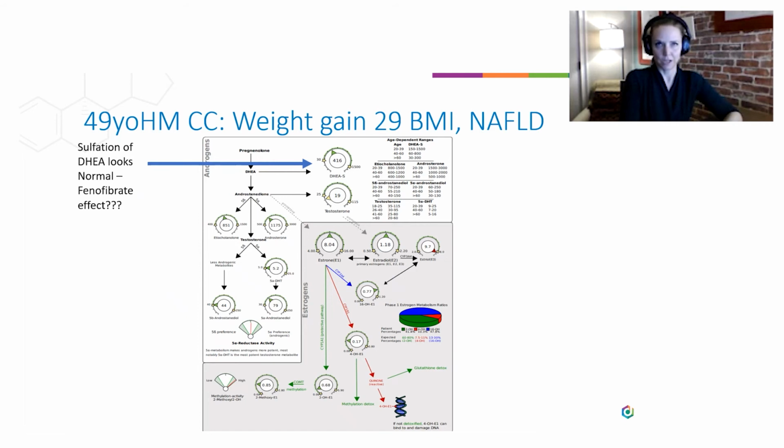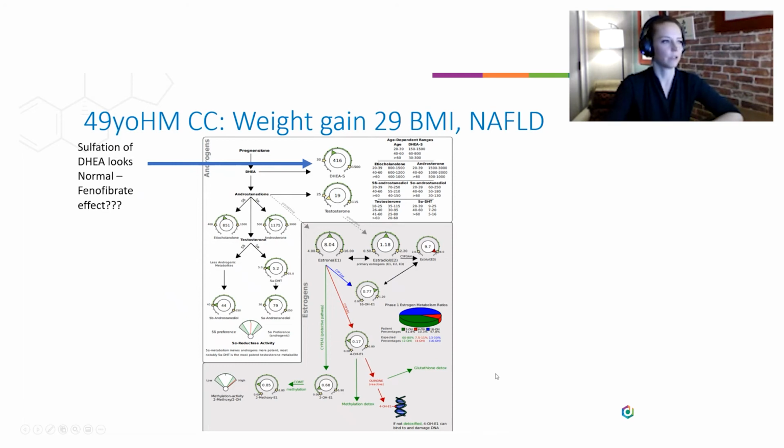It also increases bile acid glucuronidation, and it increases chenodeoxycholic acid. And CDCA upregulates the promoter for all of our SULT enzymes, especially SULT2A1. So it's possible that that increase in the CDCA could be upregulating the sulfation of DHEA. And maybe that's why he looks so normal here, possibly.